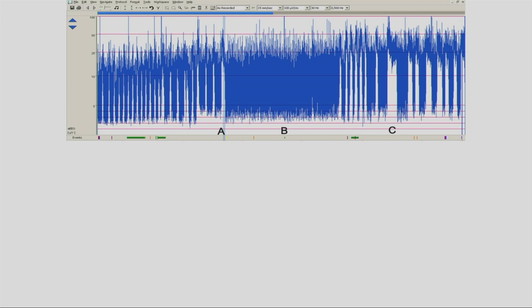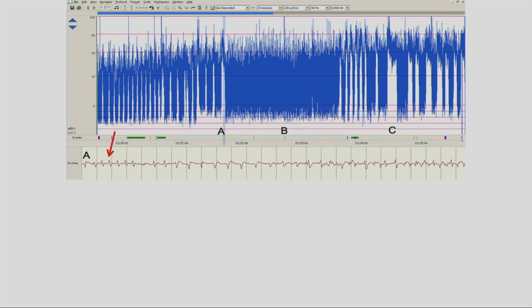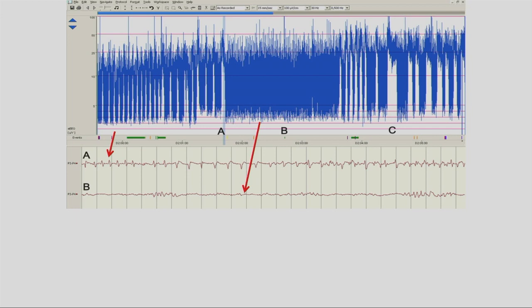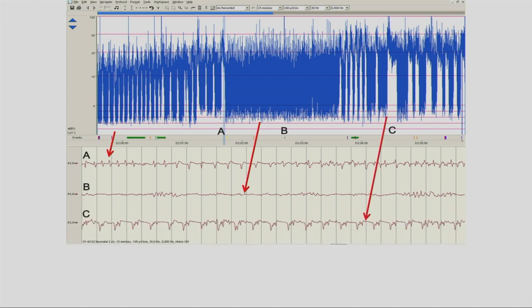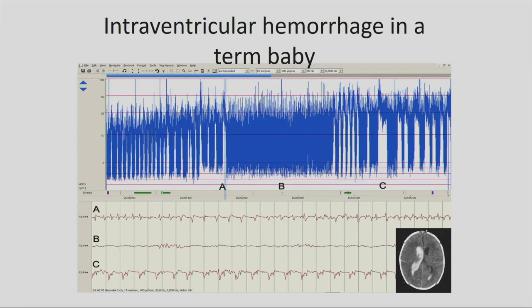Well, actually, no, discontinuous. It's above 10, above 5. But you have frequent seizures. So here, and then the baby was treated again with phenobarbital, and then the seizures came back. And this was a baby with intraventricular hemorrhage with frequent seizures.